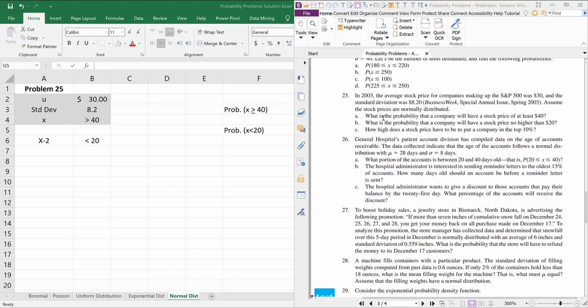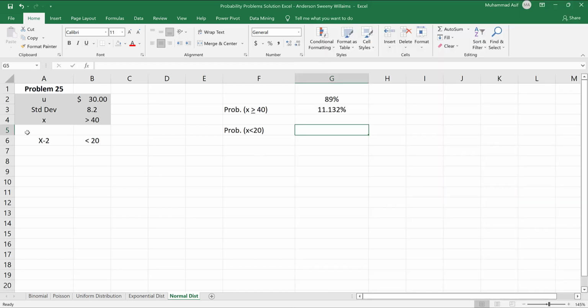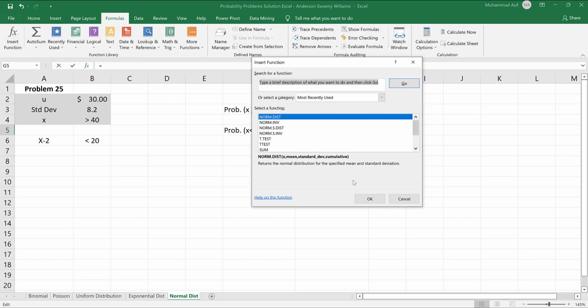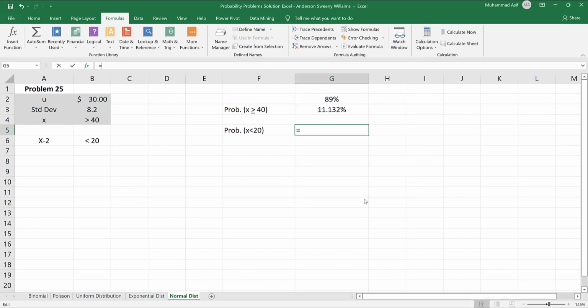For the next part, the question is, what is the probability that a company will have a stock price of no higher than $20, which means the probability that it will stay less than $20. So let's say this is $20, less than 20, and we will again use the same thing: Formulas, Insert Function, and NORM.DIST, and then we will enter all those values.